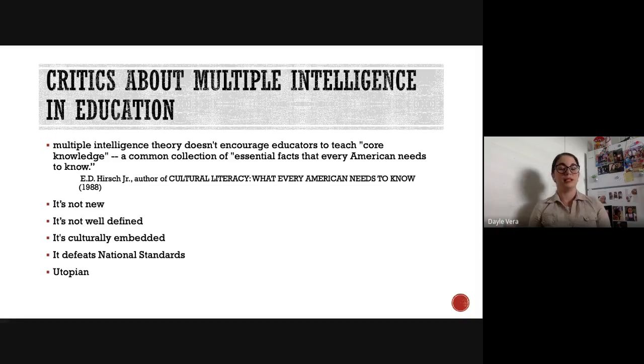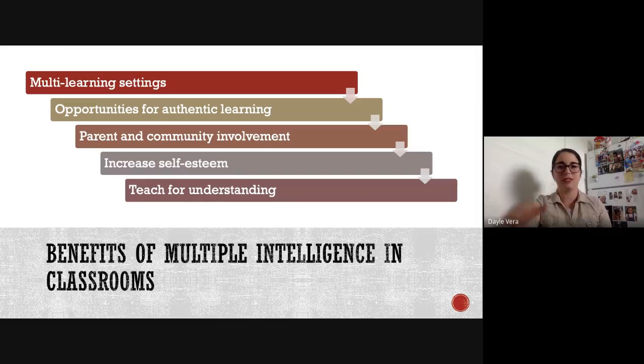Other people say that it's not new. However, it wasn't really put out there before it was published by Dr. Gardner in 1983. And it's not well defined, it's culture embedded, it defeats national standards, excuse me, and it also is utopian. It means it's not really possible to do, but we'll see.